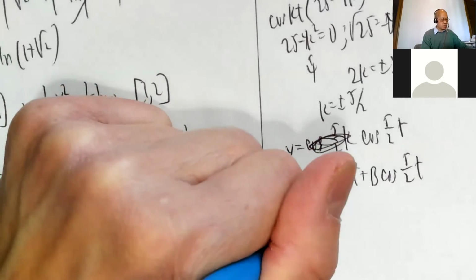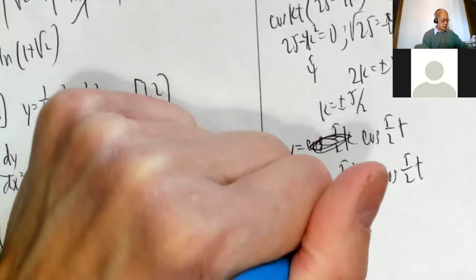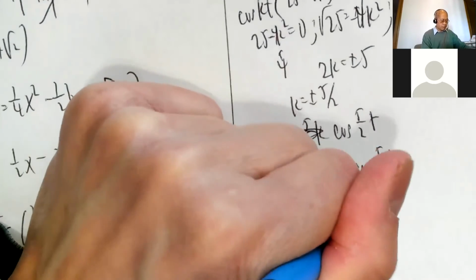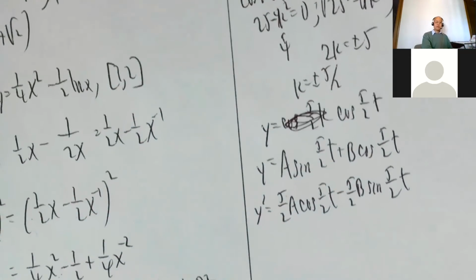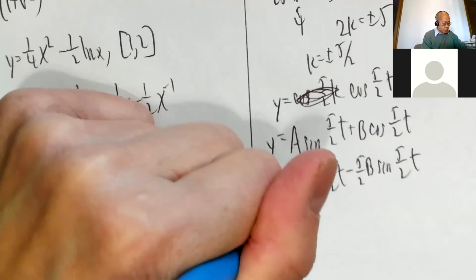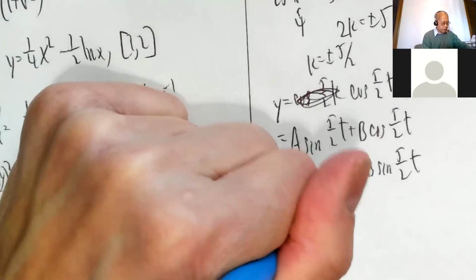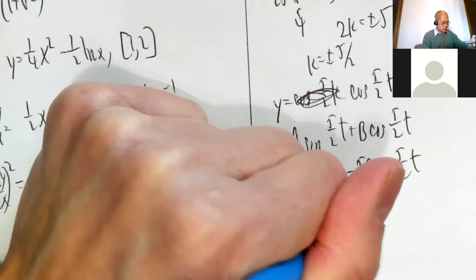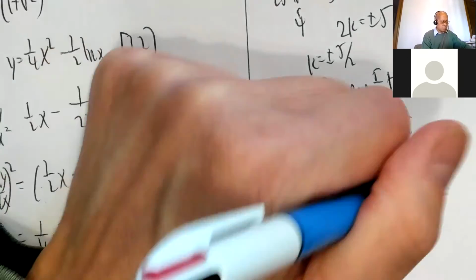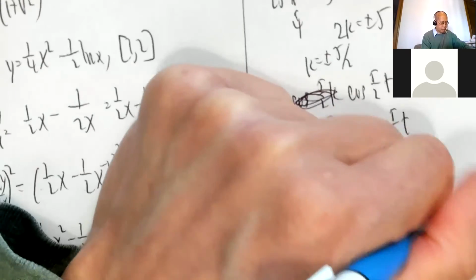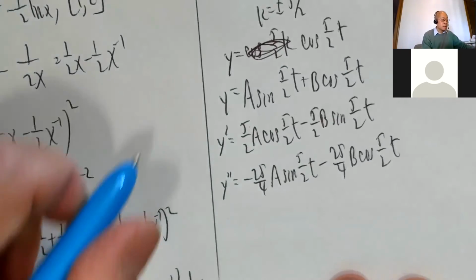y prime is 5/2 a cosine 5/2 t minus 5/2 b sine 5/2 t. y double prime would be negative 25 over 4 a sine 5/2 t minus 25 over 4 b cosine 5/2 t. And I'm supposed to multiply that by 4.